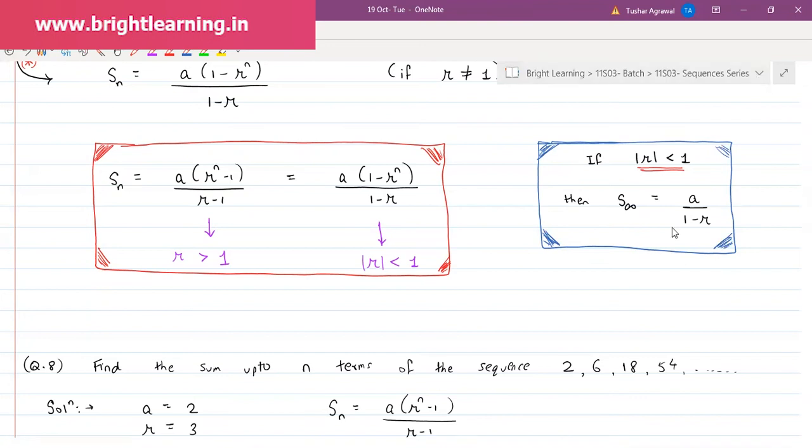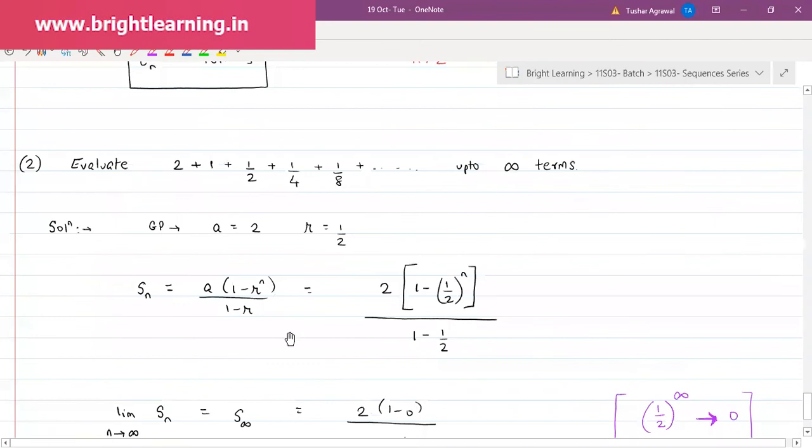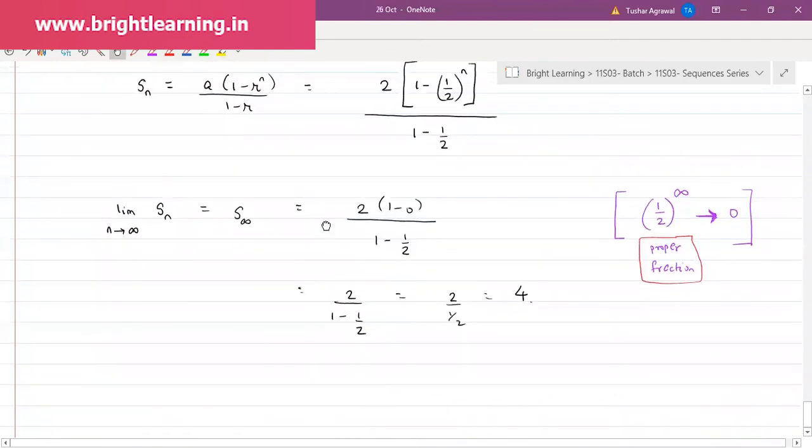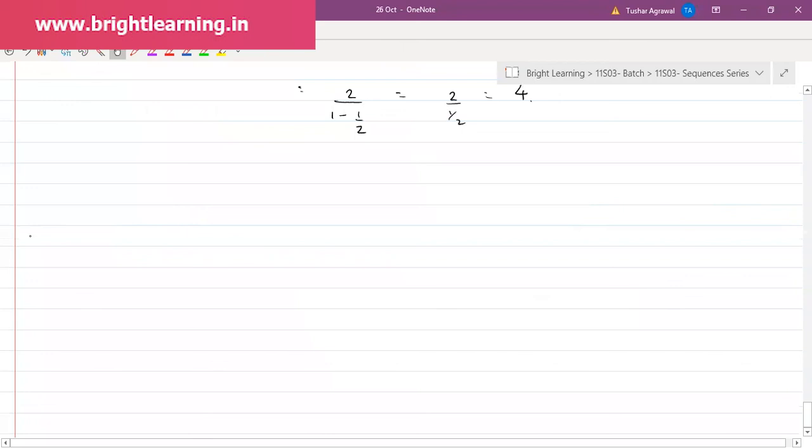Let's move ahead now. A particle moves in the XY plane as shown in the figure.